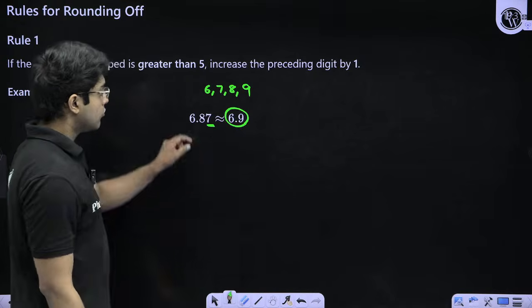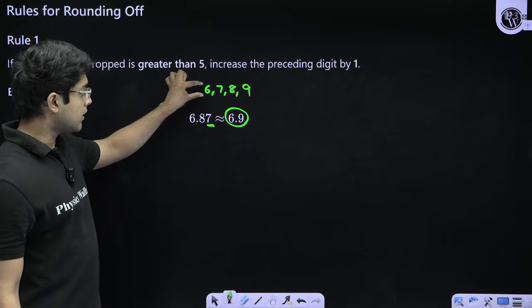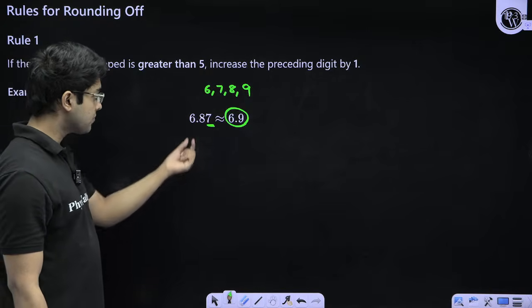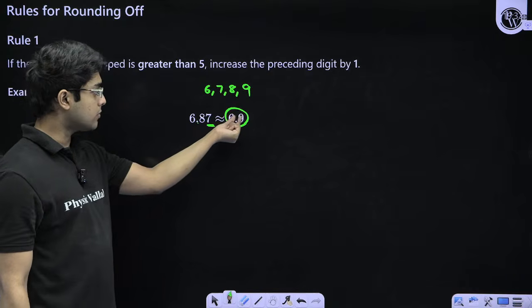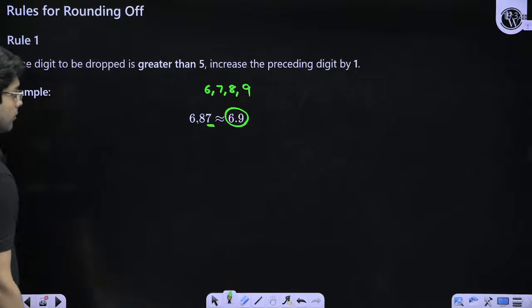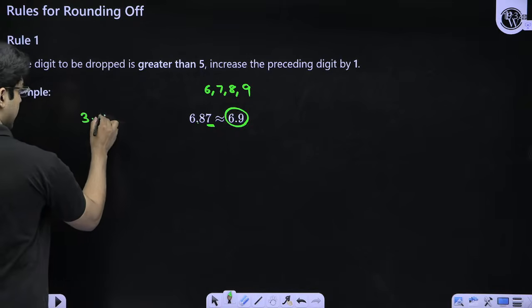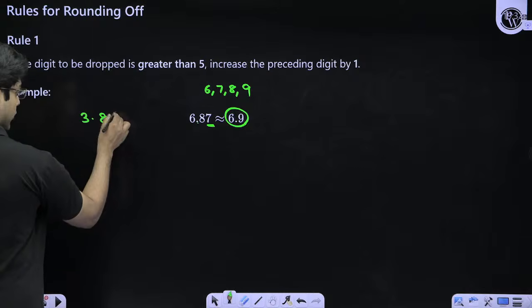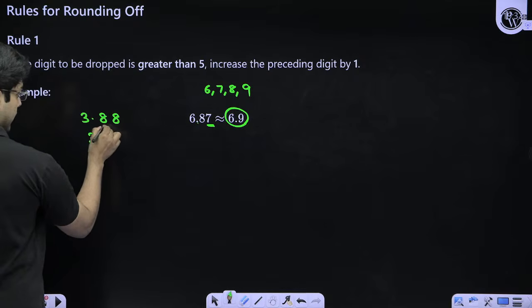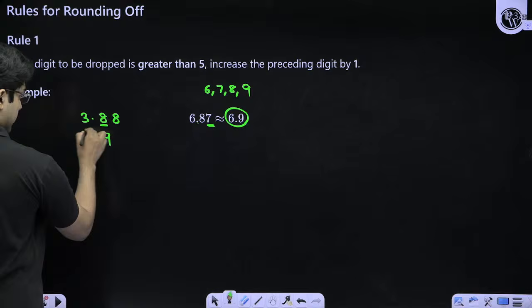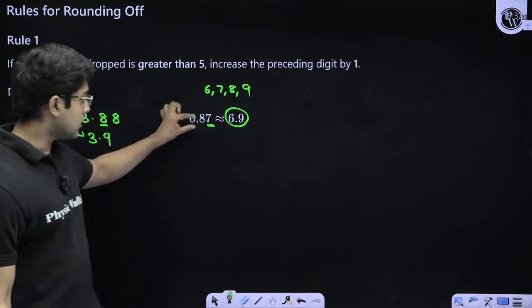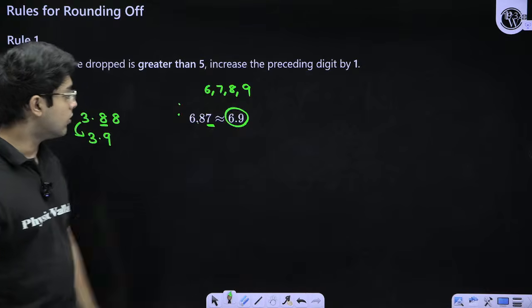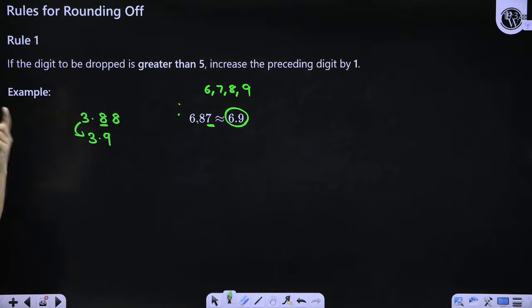So if this digit is greater than 5, which means 6, 7, 8, 9, then the preceding digit you increase by 1. So if it is 3.88, you get rid of this 8 at the end and increase this 8 by 1. So 3.9. That is the rule when the last digit is bigger than 5.